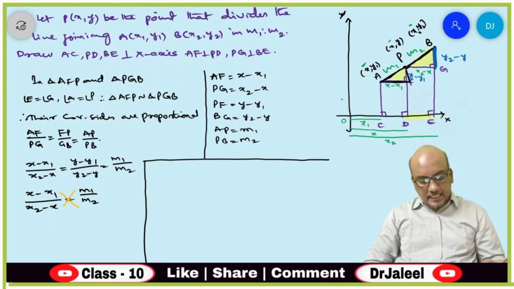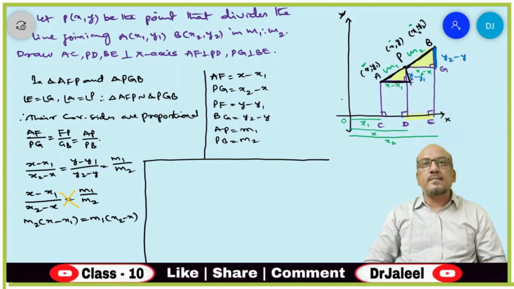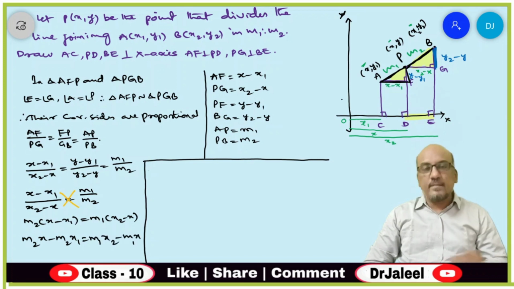So let us see. m2 into x minus x1 is equal to m1 into x2 minus x. When I multiply on the left side, m2 into x and m2 into x1. So what do we get, children? m2x minus m2x1 is equal to m1x2 minus m1x.